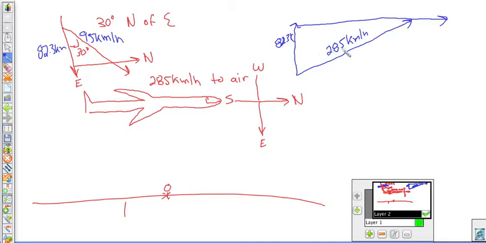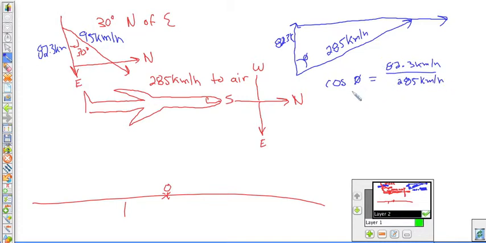So once I adjust this, what I really need to know is what this angle right here is. This angle theta we can figure out because we know the hypotenuse and we know the adjacent. So the cosine of this angle is going to equal the adjacent, which is 82.3 kilometers per hour, divided by 285 kilometers per hour.